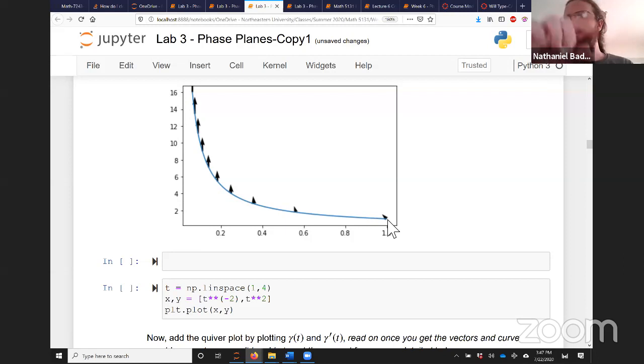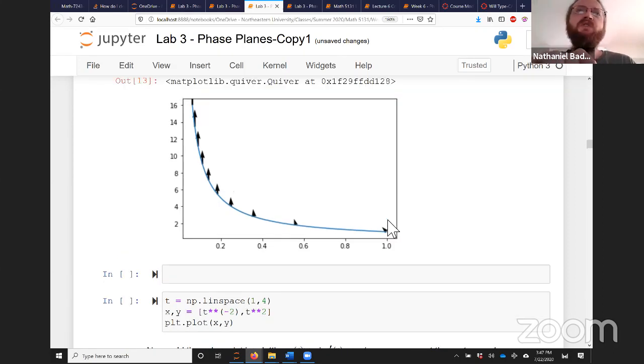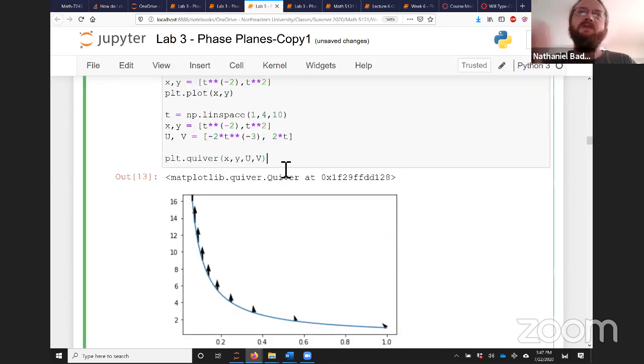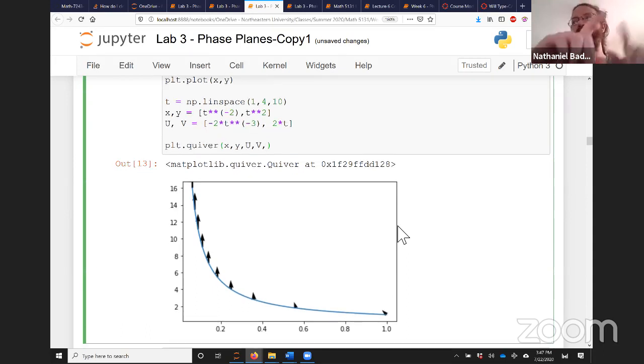Because the arrows aren't actually pointing in the direction that we want them to. And the reason, and this is either stupid or not, depending on how you look at it, is that quiver will always interpret u and v not as scaled coordinates, but as unscaled coordinates, as we see them as the viewer.